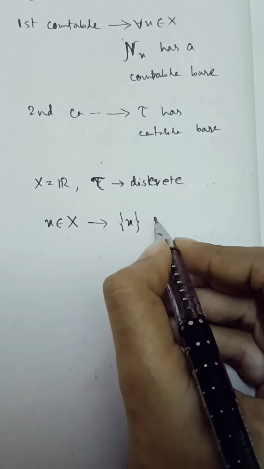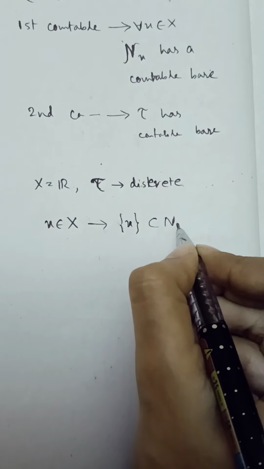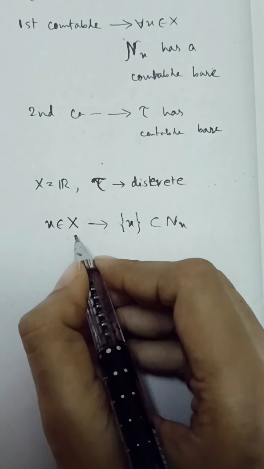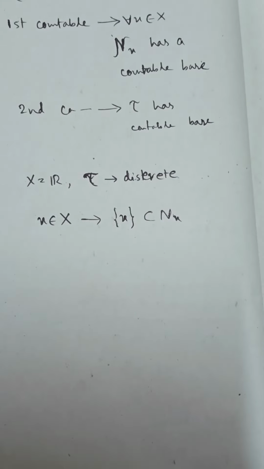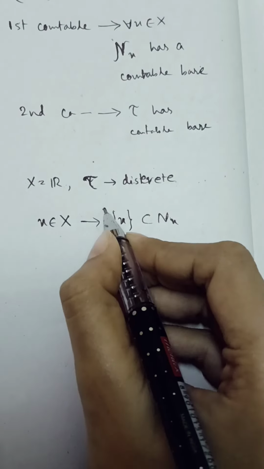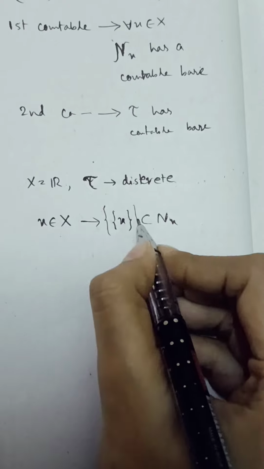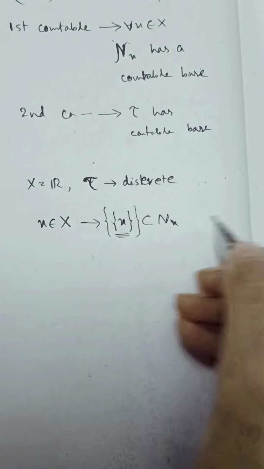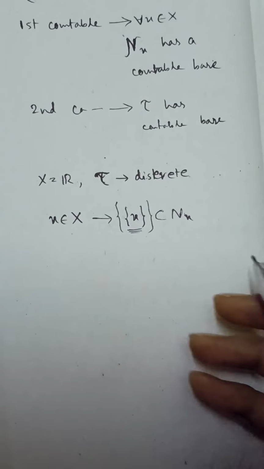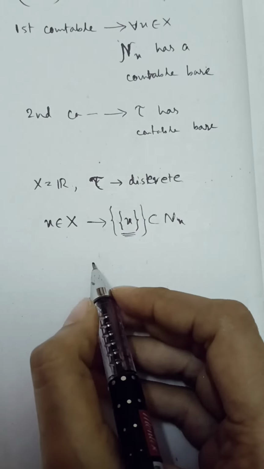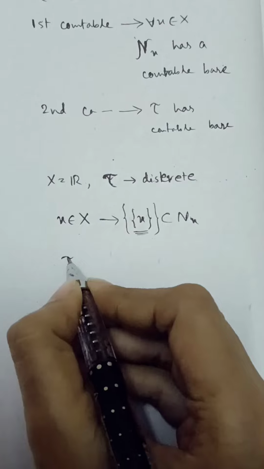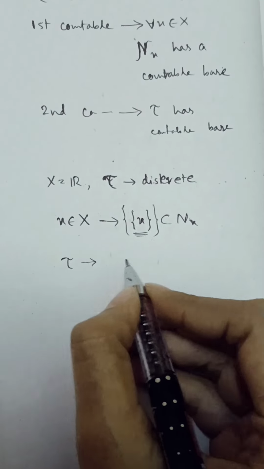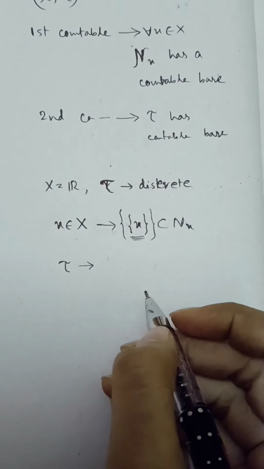Since the singleton {x} is contained in every neighborhood Nx of x, the base of the neighborhood has only one element, this singleton. But this is not a second countable space. Why? Because tau itself contains uncountably many elements.